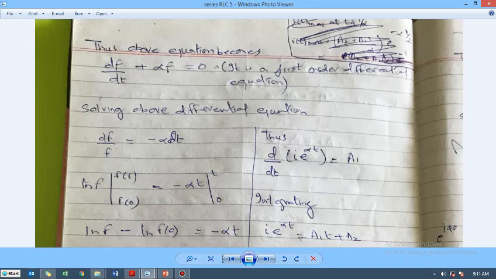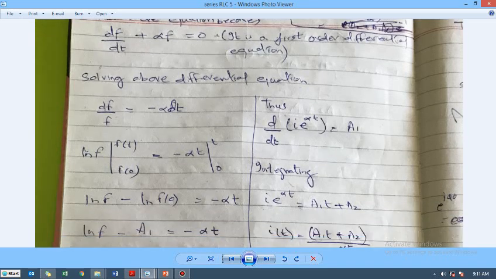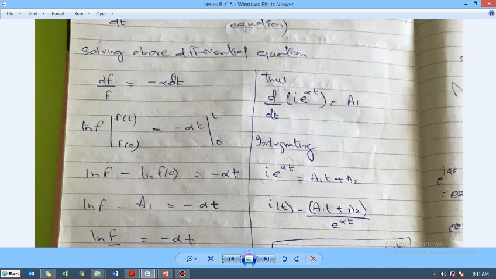Applying the limits of the variables, because it was dt here, we apply the limits in terms of t here, and the limits in terms of f here. So this is going to be ln f, and ln f at time t equal to 0. That's why this is 0 here. This has come from applying the limits, the minus sign between the upper variable and the constant.